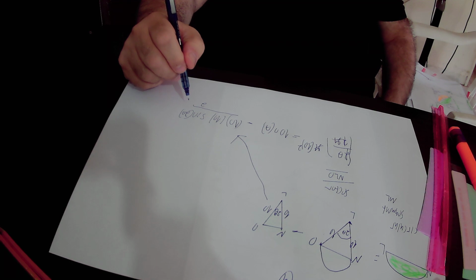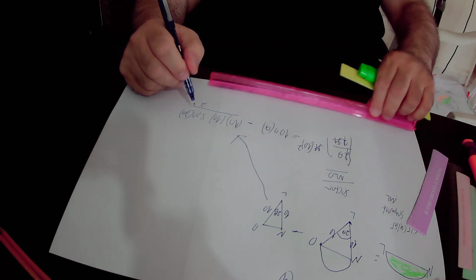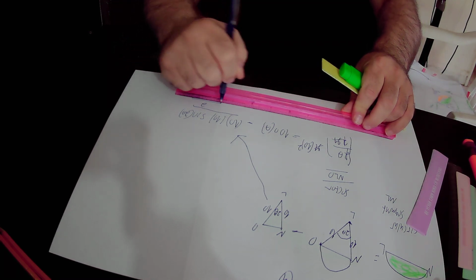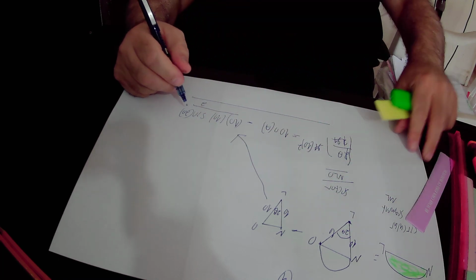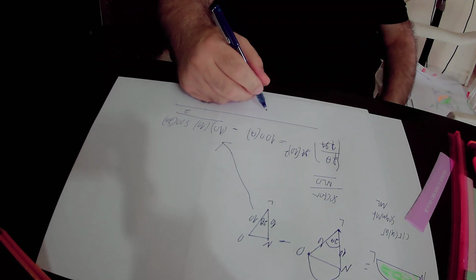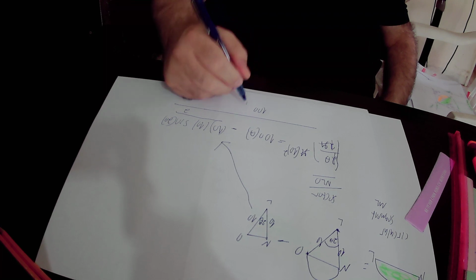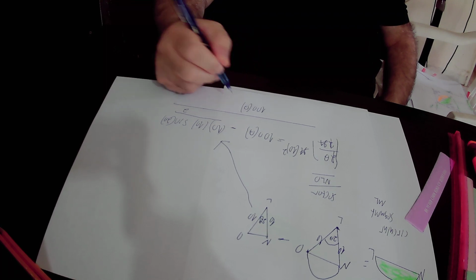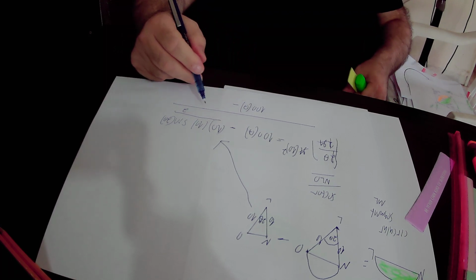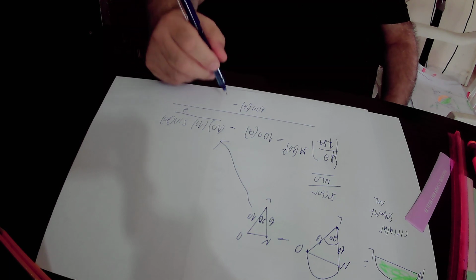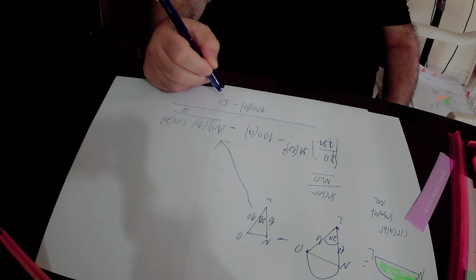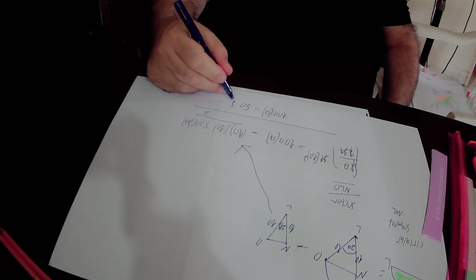Okay, so in conclusion, we found out that the area of the upper circular segment of the big lens NL is equal to 100 times theta minus, 10 times 10 is 100, and 100 over 2 is 50, so it is 50 times sine 2 theta.